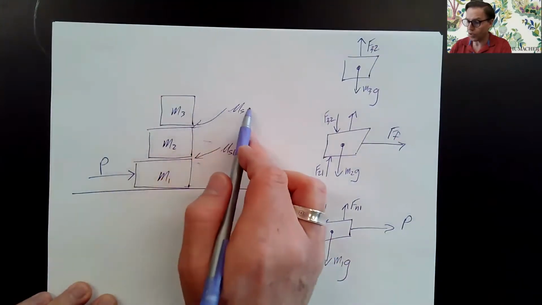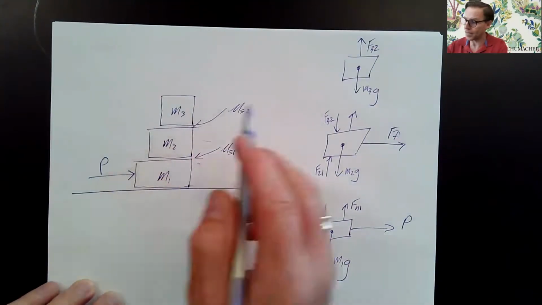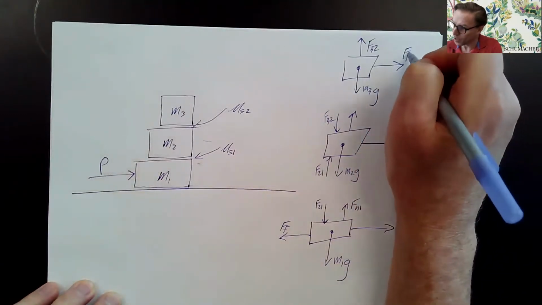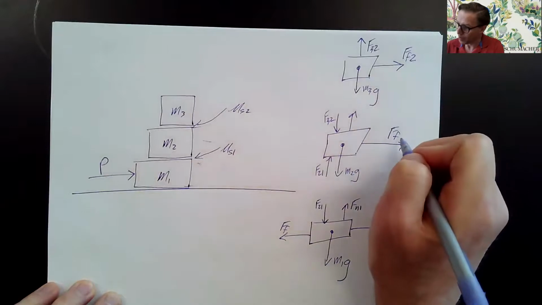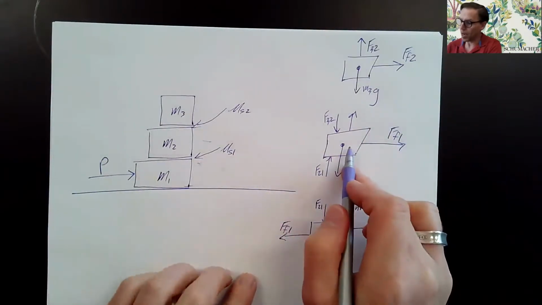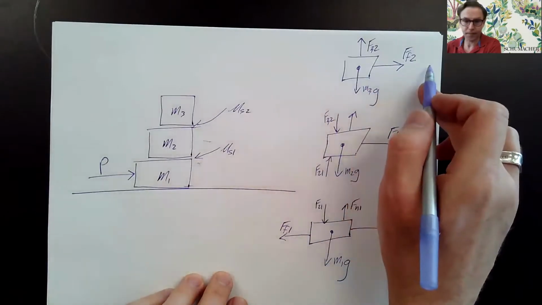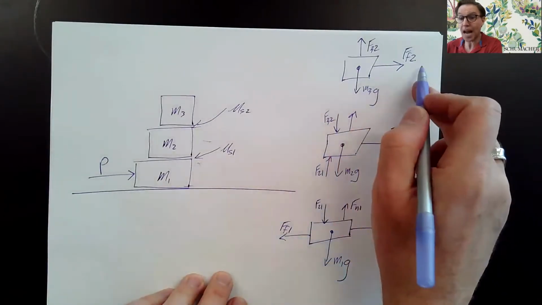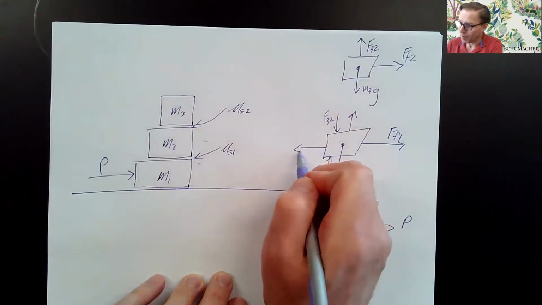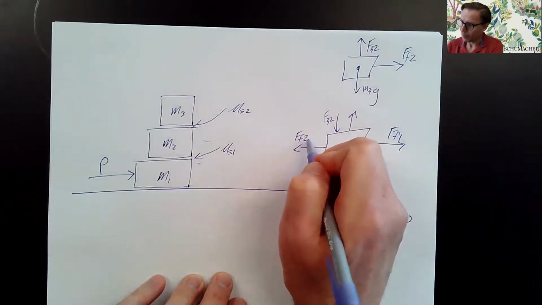This block also moves to the right. Who pushes it right? This does. So that's also a frictional force. I'm going to call that FF2. So now I have to take these frictions and make them FF1. Middle block pushes top block right. If middle pushes top right, top pushes middle left. FF2.